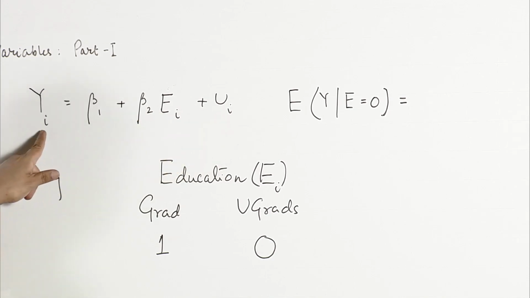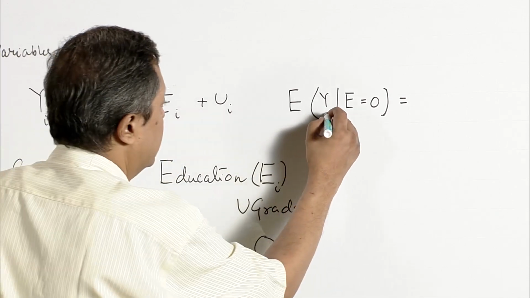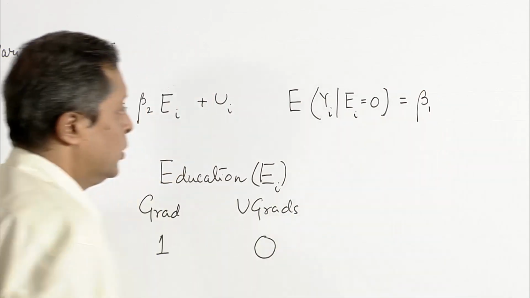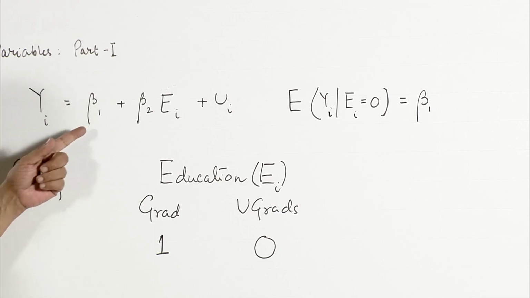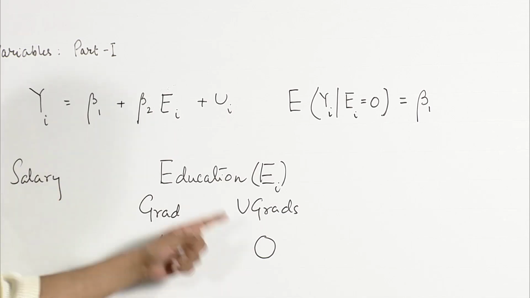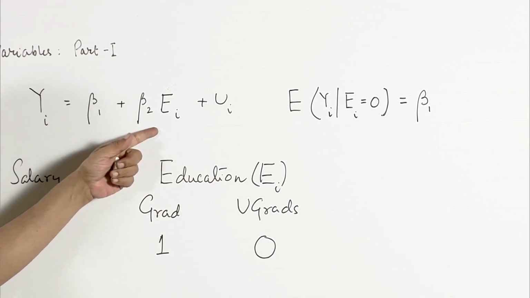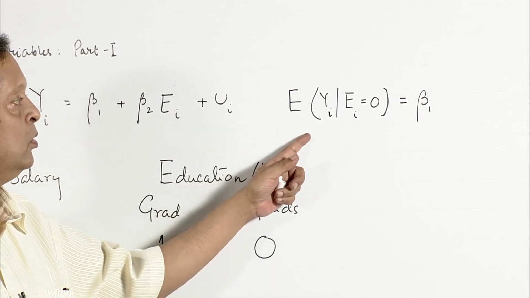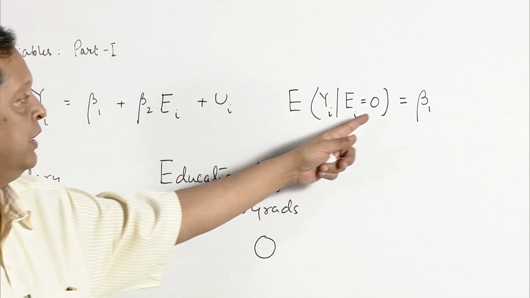So, therefore, expectation of y_i given E_i equal to 0 will be only beta 1. So, that is the mean salary of undergraduates, because we are putting 0. So, this beta 2 effect has gone. This regression tells us that the mean value of undergraduate employees is beta 1.